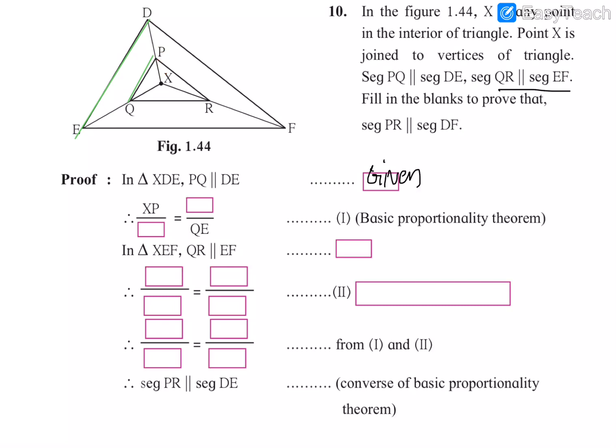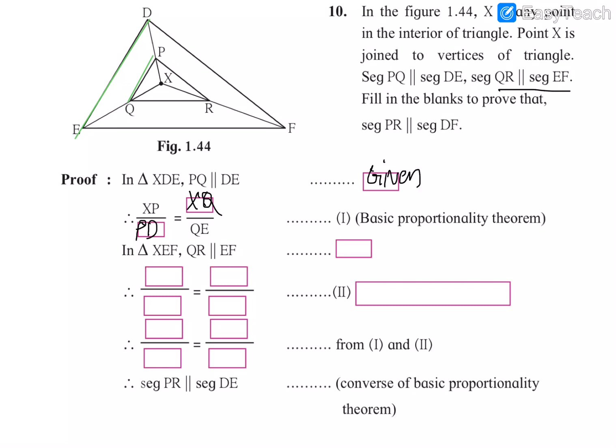By basic proportionality theorem, the proportion of the other two sides will be equal, that is XP by PD is equal to blank by QE. That space will be XQ. So XP by PD is equal to XQ by QE.